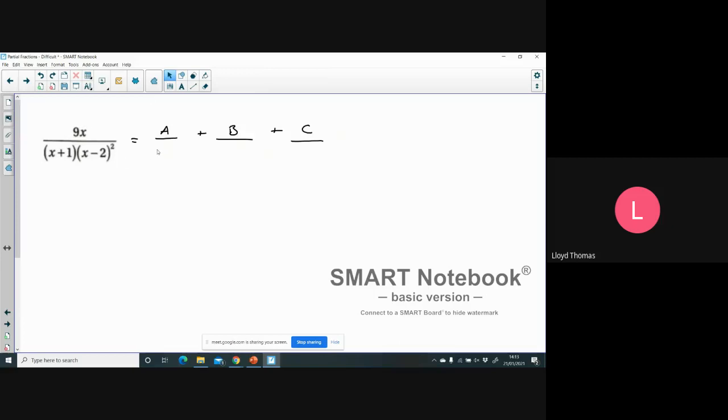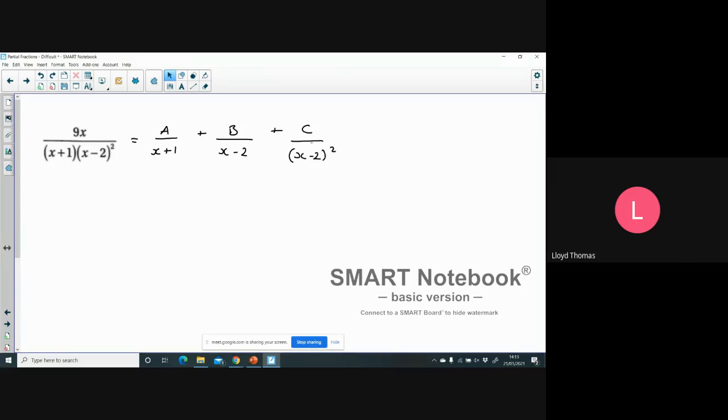On my 3 denominators, my first one is going to be the first bracket, x plus 1. Now, confusingly, the second one is going to be the inside of the second bracket, x minus 2. And the final one is going to be the whole thing squared for the last term. So that's going to be x minus 2 squared.